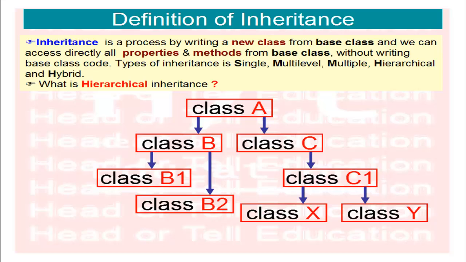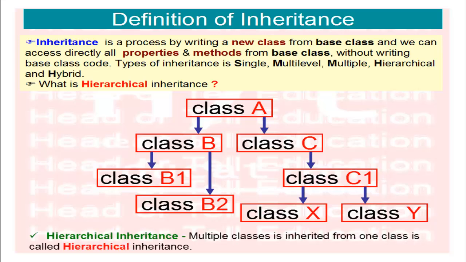So this type of structure of inheritance is called hierarchical inheritance. The definition is: when multiple classes are inherited from one class, it is called hierarchical inheritance.